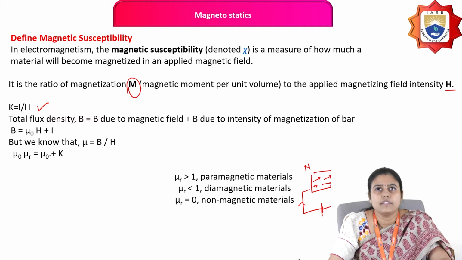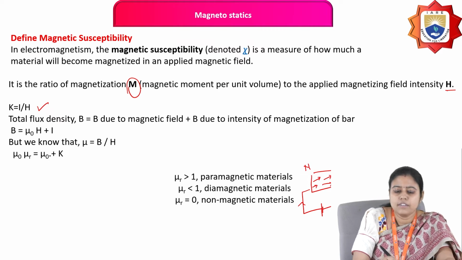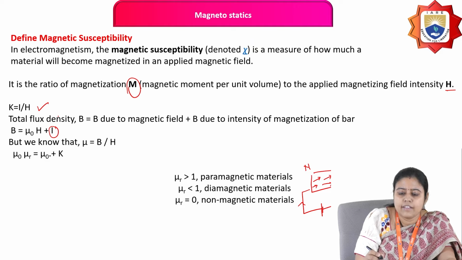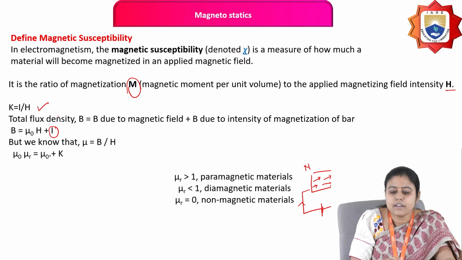Total flux density B will be changed due to the magnetization, and it will be B equals mu naught (H plus I). What is I? I is nothing but the magnetic moment.